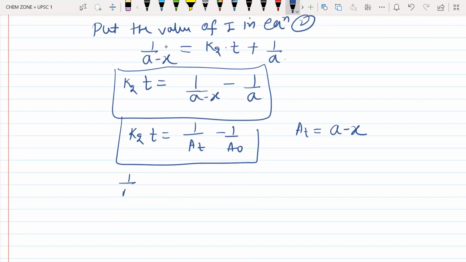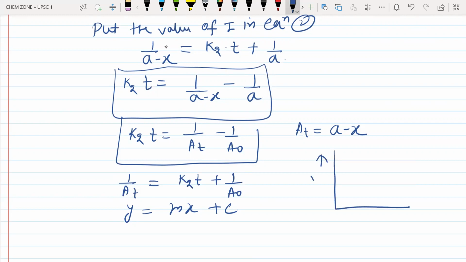Now we can write this equation as, if we compare this equation with y is equal to mx plus c, we find that the graph of 1 upon At versus t is a straight line having slope equal to the rate constant and intercept equal to 1 upon A naught.